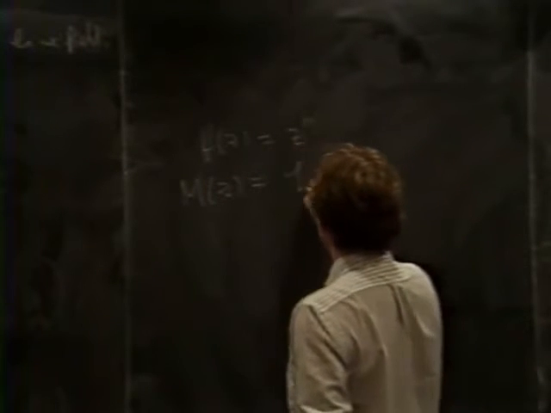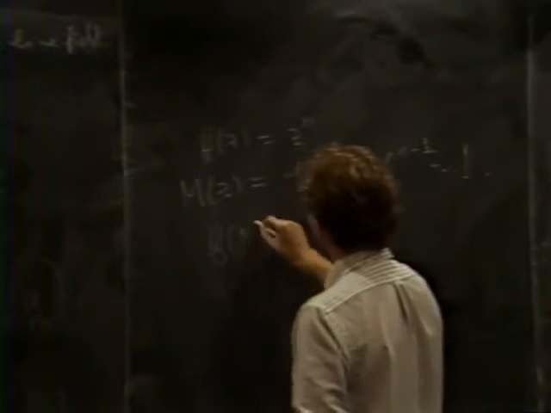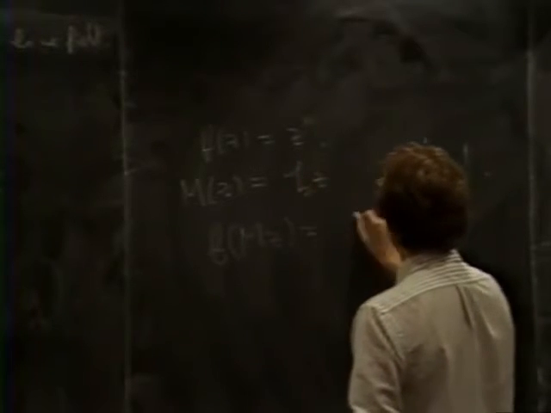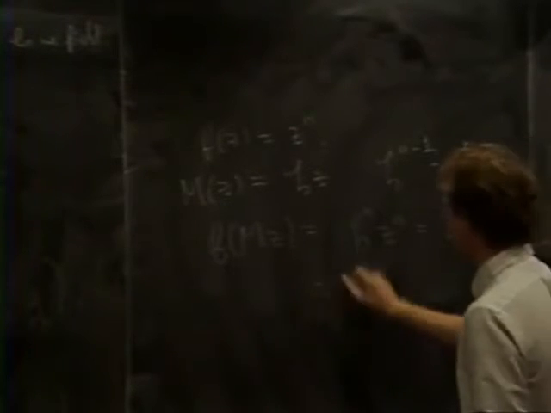So if m of z equals zeta z, where zeta to the n minus 1 equals 1, then f of m of z is equal to zeta to the n, z to the n. So this is equal to zeta z to the n, so zeta to the n minus 1 is 1, and so that's equal to m of f of z. So that's one Möbius transformation.